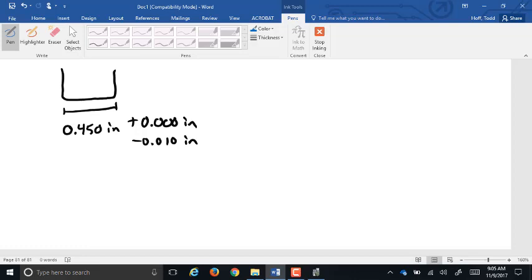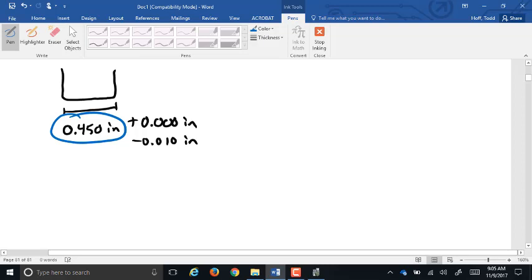By 10 thousandths? Okay. It's saying we want this to be 0.450 inches.